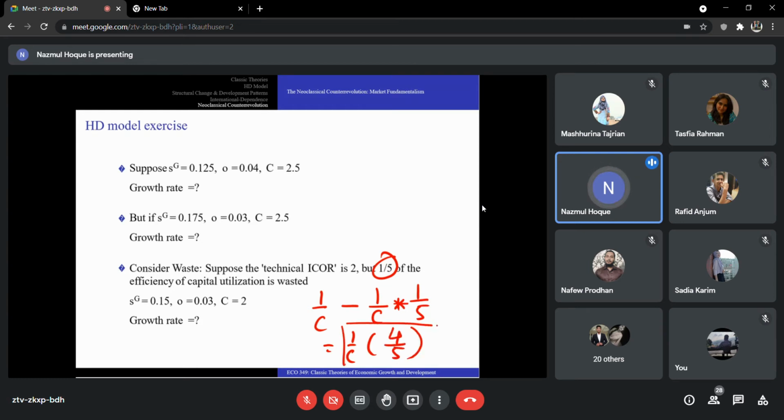So that is the remaining efficiency that we have. So if the effective capital output ratio is x, then our effective efficiency 1/x is going to be equal to 1/C times 4/5. Any questions here?